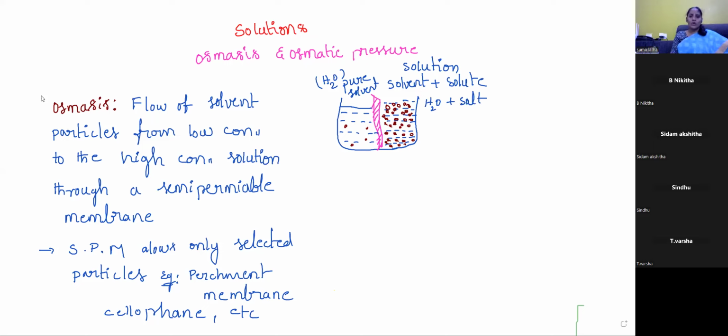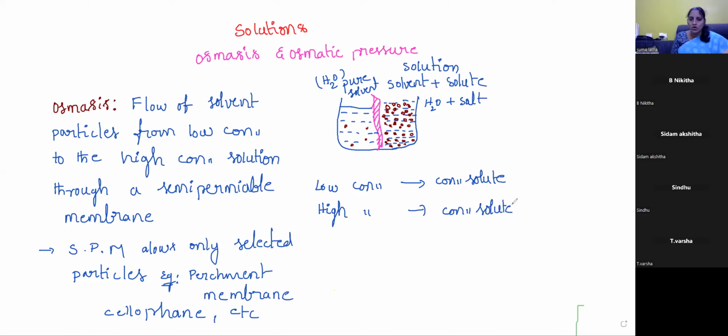So what will happen here? What I told you in this definition, the flow of solvent particles from low concentration to the high concentrated solution. Here, remember, my dears, low concentration indicates the concentration of the solute, not of the solvent. And high concentration is also the concentration of the solute only.